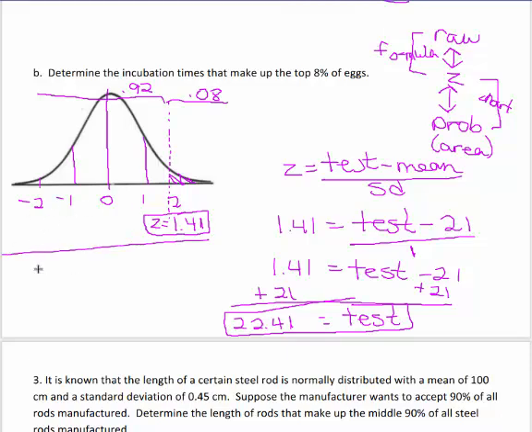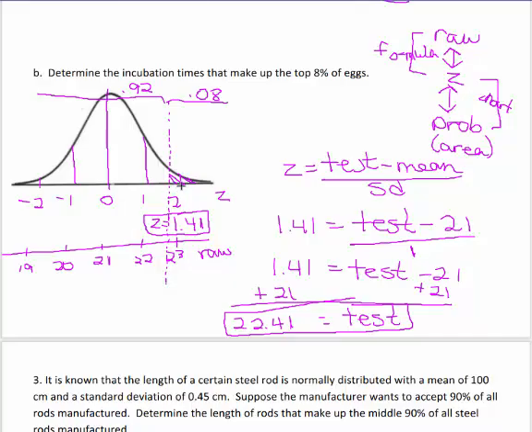All right, and so I didn't actually finish my picture because I didn't put the raw data on there. So I put the Z data, but I didn't put the raw. So this was my Z data, and now this is going to be my raw data. My raw data is 21 at the mean, and then our standard deviation is 1, so this is going to be 22, 23, and on the other side you can do it too. It's going to be 20 and 19. All right, and so where did this line come down?